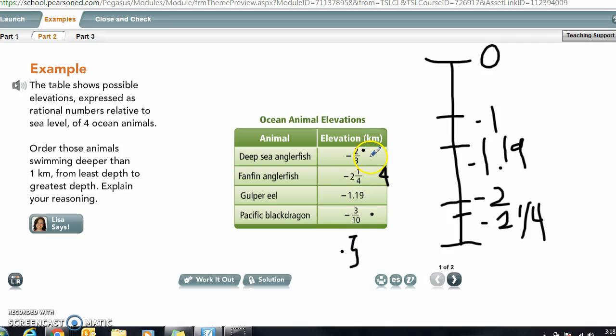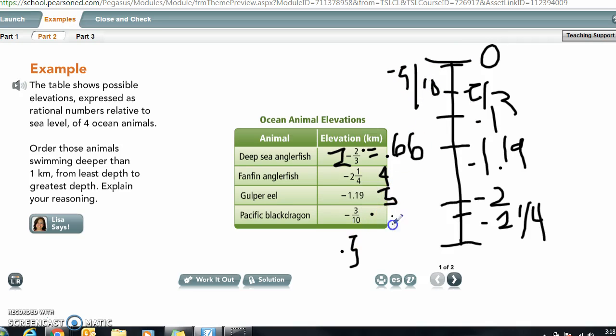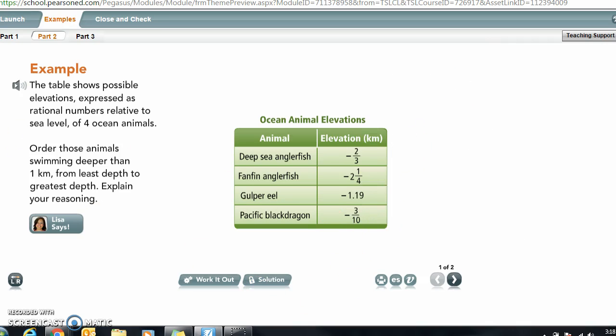And this is one of those common fractions we should all know automatically. And it's 0.66 repeating. So which one is greater? 0.66 repeating or 0.3? Well, I know that -2/3 is next. So we have 4, 3. This one would be 2. And the number closest to the water or sea level will be -3/10. So least to greatest will read the following.